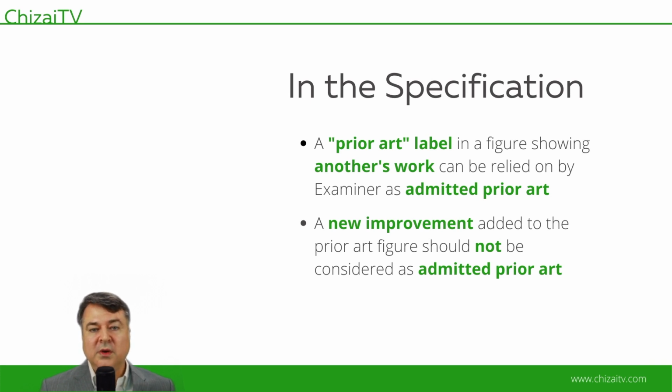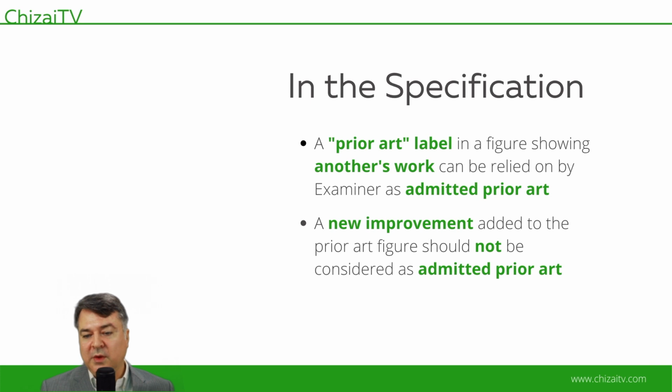So if you have a figure and you say it's someone else's work, which I don't recommend in your U.S. applications, there's no reason to put prior art in a figure, because we'll see a situation in a minute where it was a problem. But it has to be labeled as prior art. So in that situation, the examiner can use that figure or your disclosure as admitted prior art.